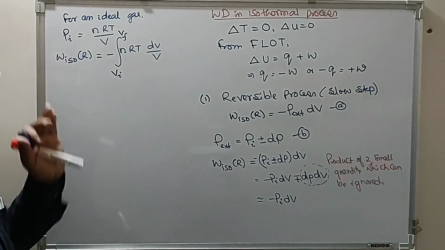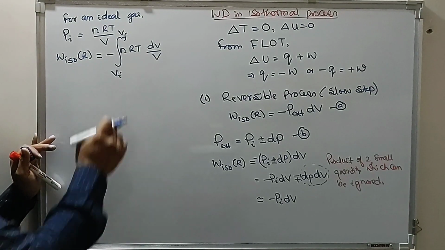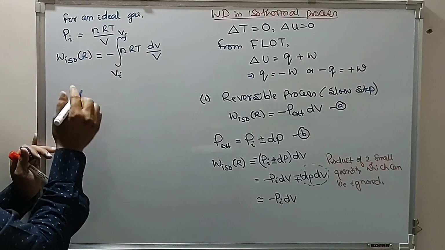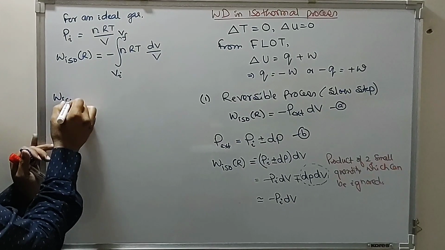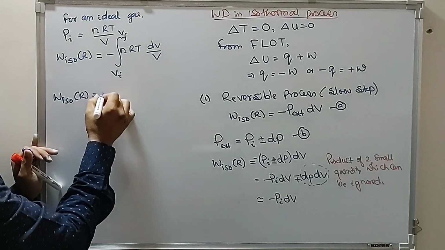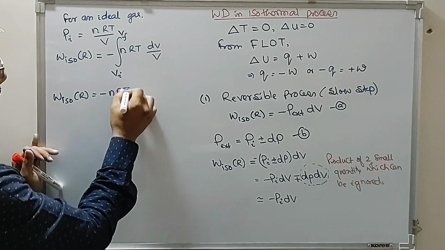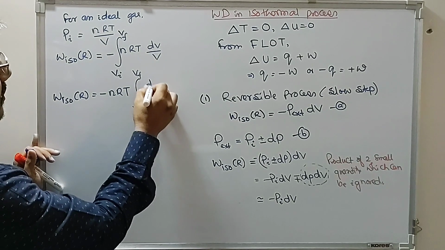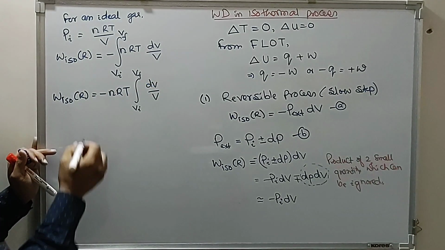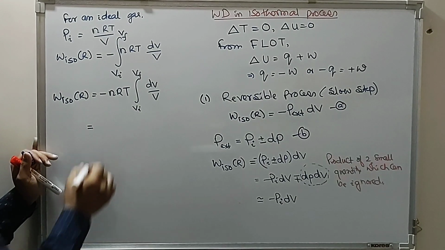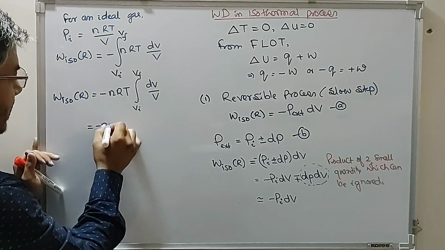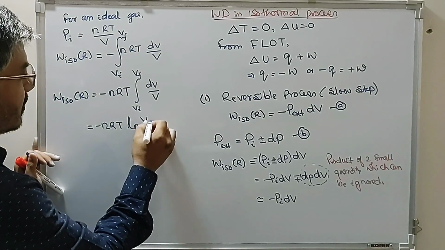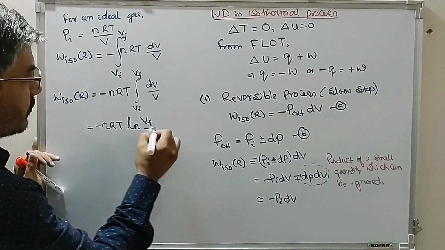Now this is the process taking place at constant temperature, isothermal. So n is a constant, R is a constant, T is a constant. So this can be taken outside the integral. Therefore, work done isothermal reversible is equal to minus nRT integral from Vi to Vf of dV upon V. So this value is equal to minus nRT ln V final upon V initial.